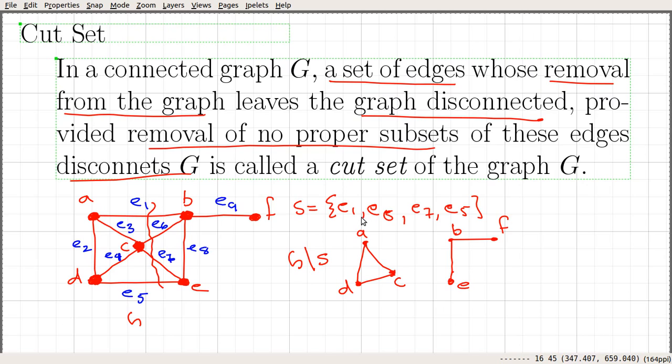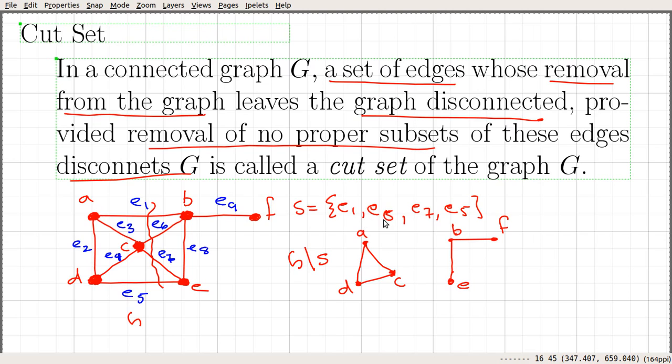Similarly E1, E7, again the graph is still connected. Same with E1, E5. If you delete E6, E7, still the graph is connected because we can reach all these vertices through E1 or E5. Similarly E6, E5, if you remove that, the graph is still connected, and similarly with E7, E5, etc.